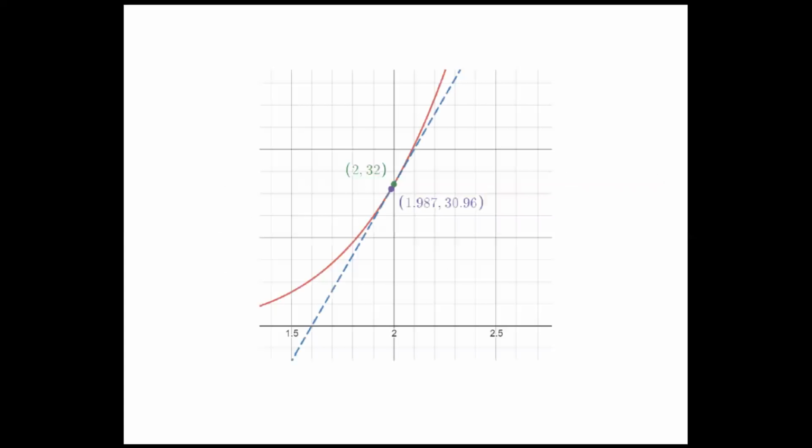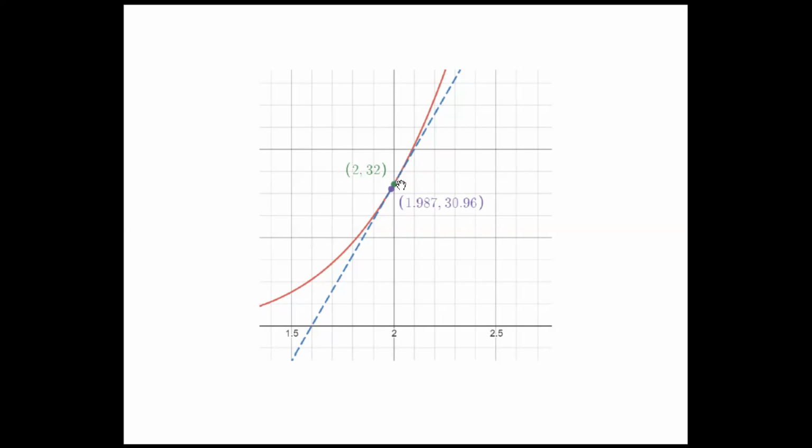Okay. Here's the graph of the function. The red graph you see here is the function y equals x to the fifth. And the blue graph is the line tangent to the graph at (2, 32).